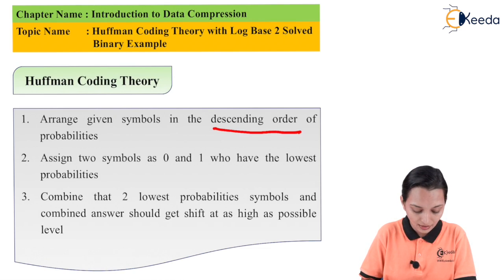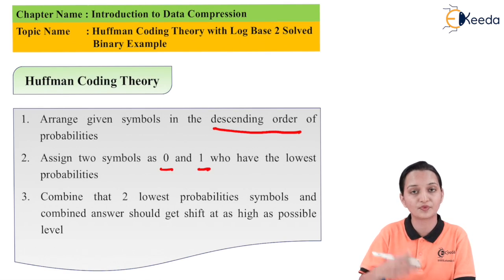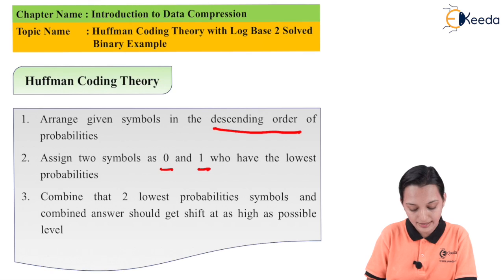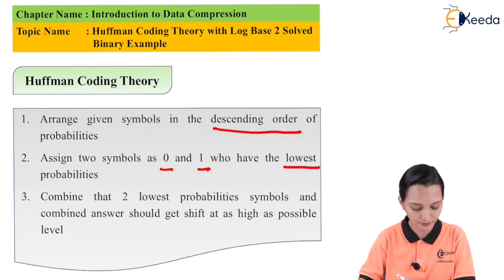Second one is assign two symbols as 0 and 1. We have to assign two symbols from the given symbols as 0 and 1, those who have the lowest probability. That means those having the minimum probabilities, assign those two symbols as 0 and 1.